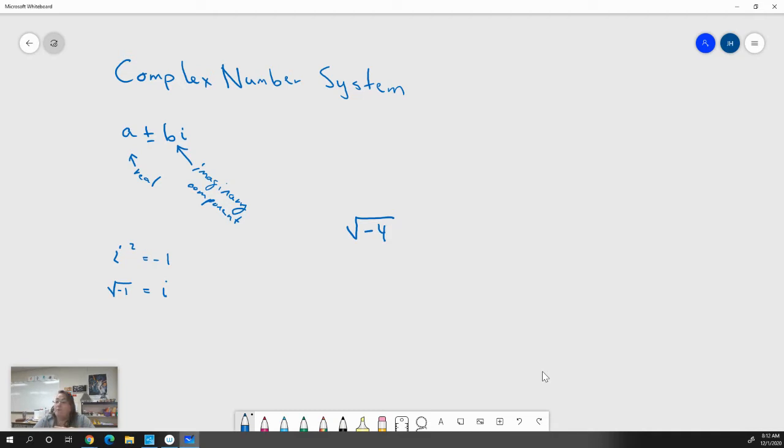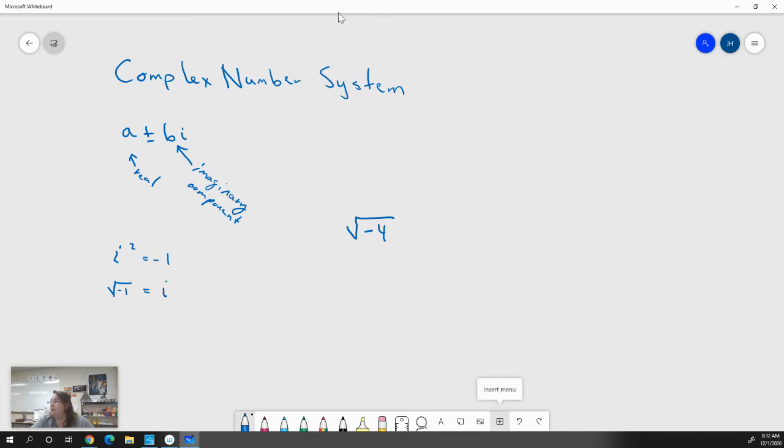And so the way mathematicians decided to deal with that was to pull the negative out as an imaginary number, as an i, right?